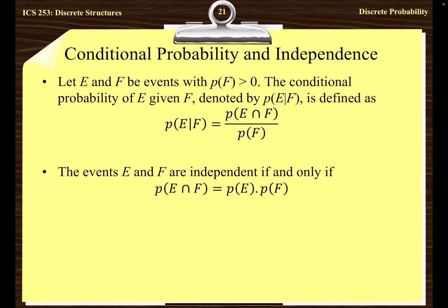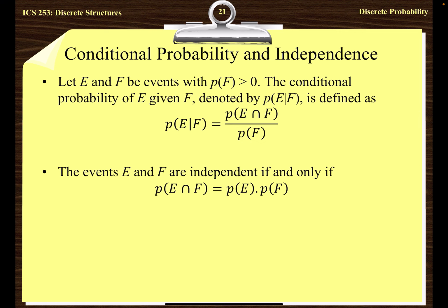So this formula gives us that the probability of E given F is the probability of the intersection divided by the probability of F, of course, given that the probability of F is not 0, because we said that F has happened.